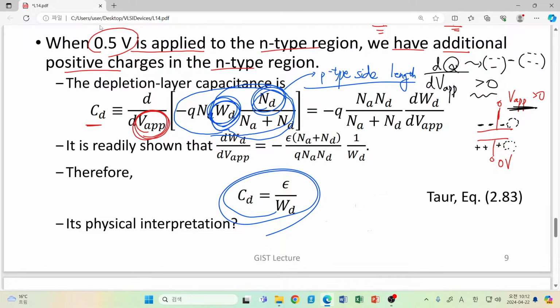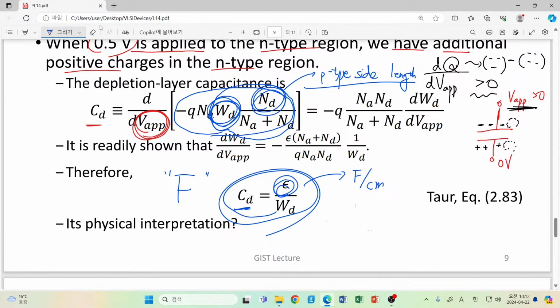So please note that here CD is not in farad unit. Please note that this is permittivity. Permittivity has the unit of farad per centimeter, and here we also have the depletion width, which is a length scale.